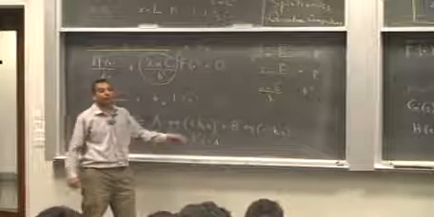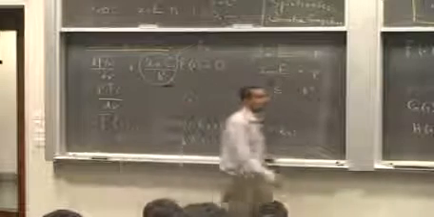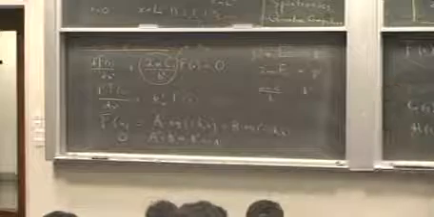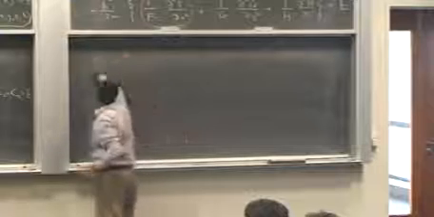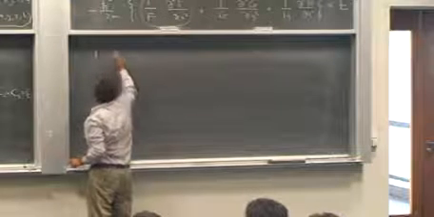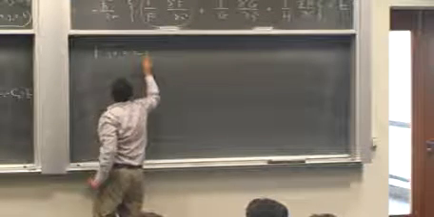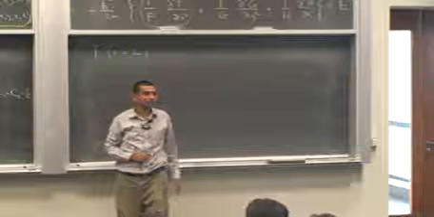What about the other boundary condition? What is the other boundary condition? The other boundary condition is that the function f at x equals L must equal 0.